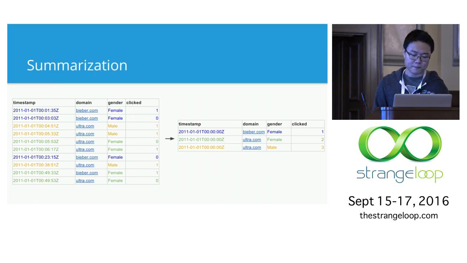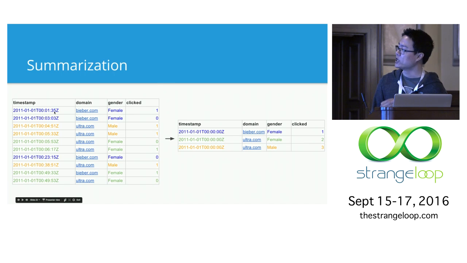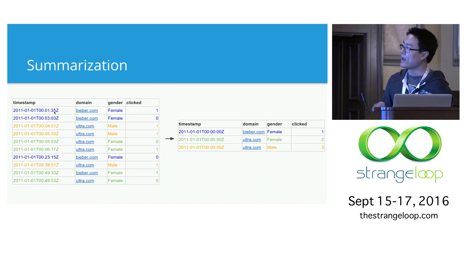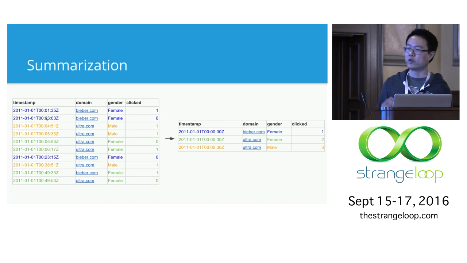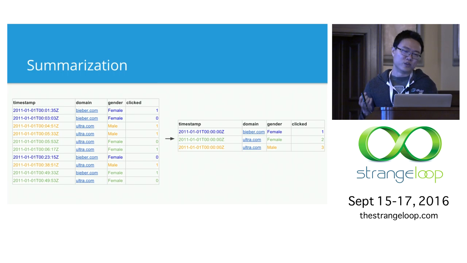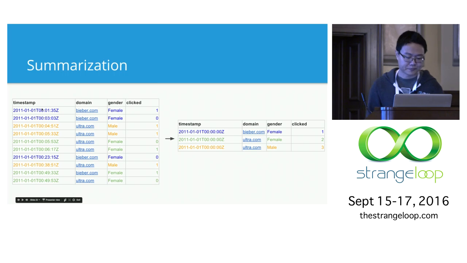The idea here is if we can lose some information about time, we can gain a lot in terms of storage space. So in this example, we see that there's events that are occurring at some precise millisecond in time. But if we have billions or trillions of these events, we don't really care about a single event that occurred at a precise millisecond in time.